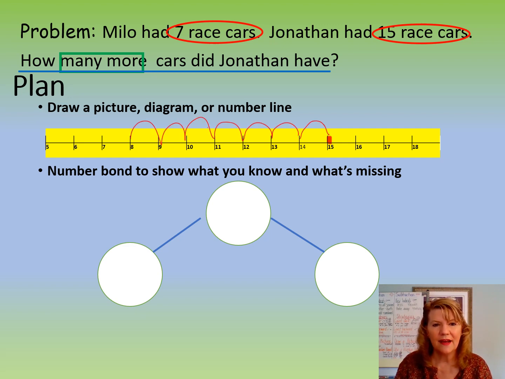The difference of 8. I started on 15 because that was the whole. A part of the 15 was 8, and I needed to know how many more cars Jonathan had, and the difference was 8. Jonathan had 8 more cars.